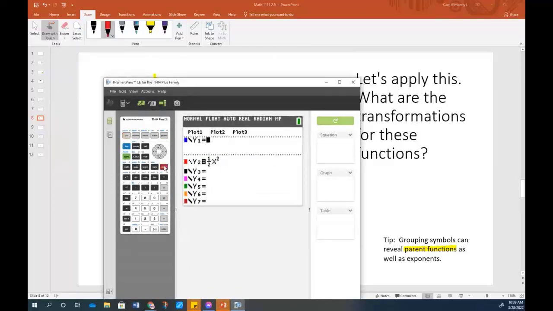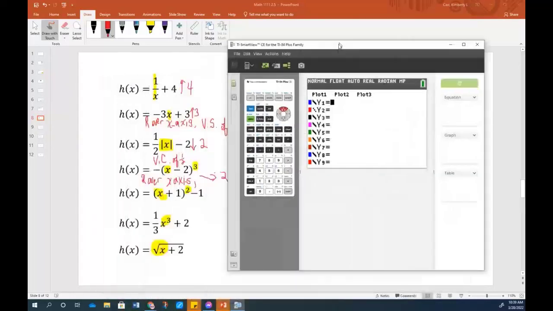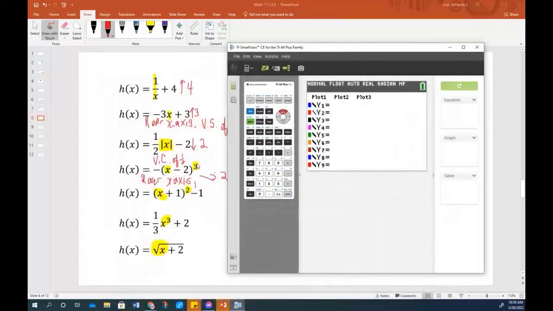I'm going to go back to y equals, and we're going to clear these. My parent function on that one is x cubed. Then this transformation has a negative, parentheses x minus 2, close parentheses, cubed.